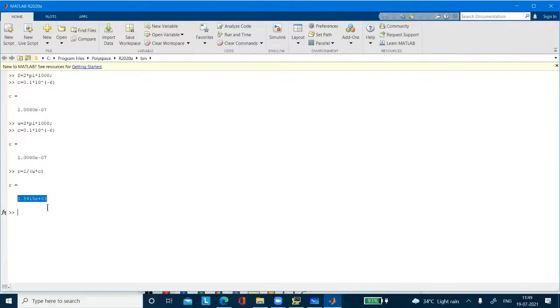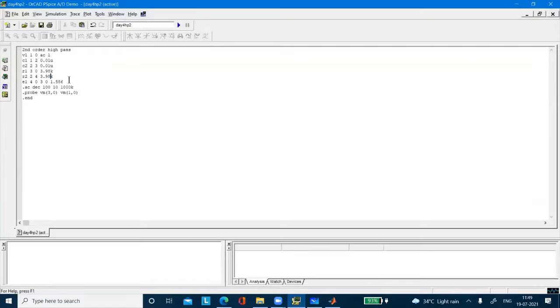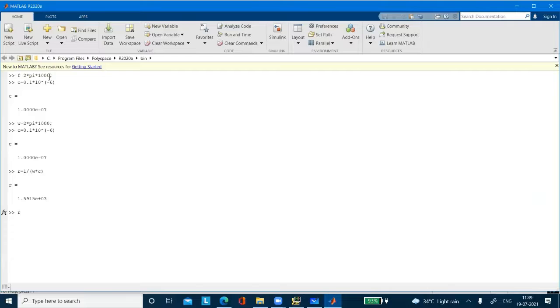Now here, what did I take R equal to for this problem? R is 3.98 k.